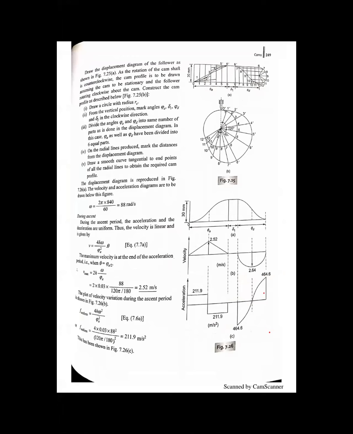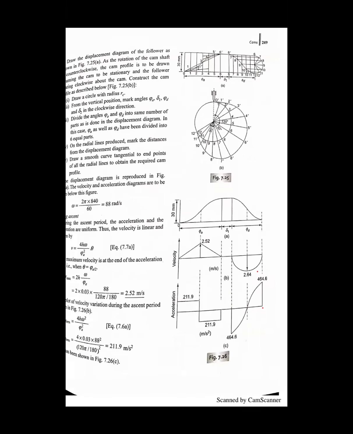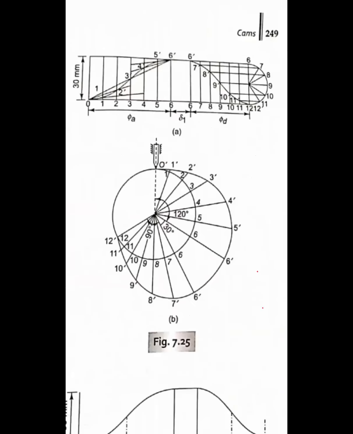In this problem, two types of follower motions are mentioned. The ascent portion follows one type of follower motion, and the descent portion follows another type of motion. In our displacement diagram, first we have to draw the displacement diagram.